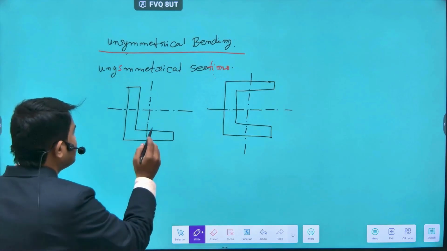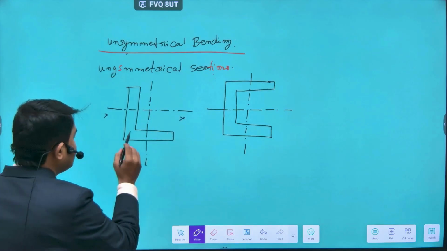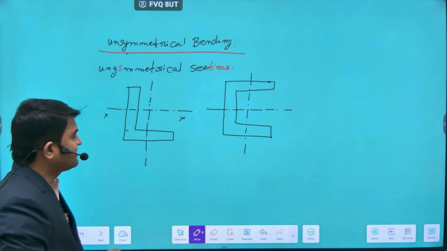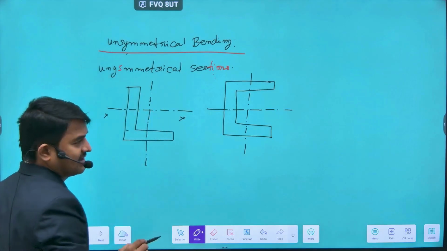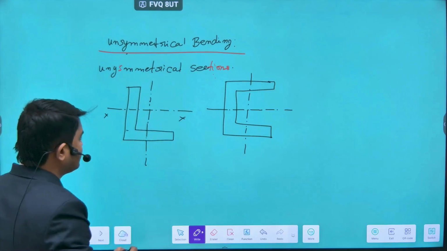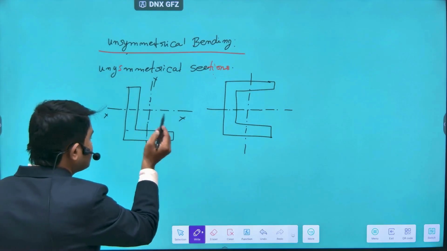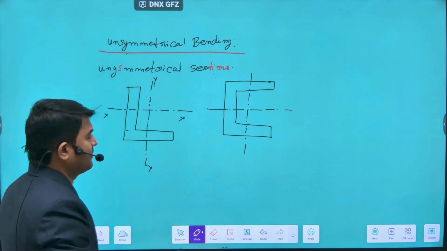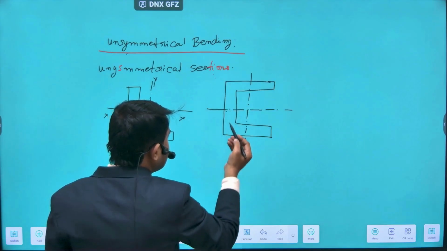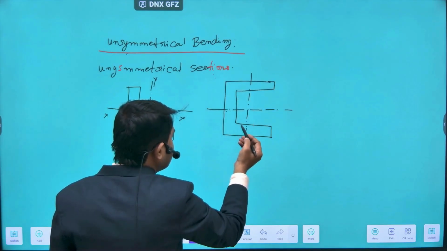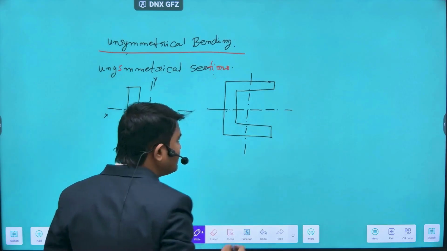Here, if you see below the x-axis, the section covered is only flange, but above the x-axis there is no flange here. And also, to the left of the y-axis, the section covered is only web, whereas to the right of the y-axis there is no web. If you see in the channel case also, to the left of the y-axis there is a portion of web and a portion of flanges, whereas on the right side only the flange portions are covered but there is no web.